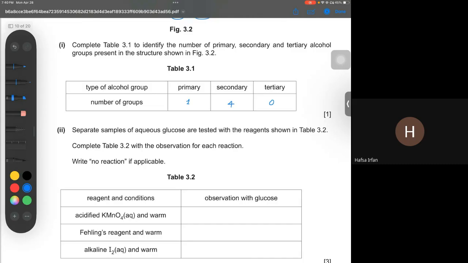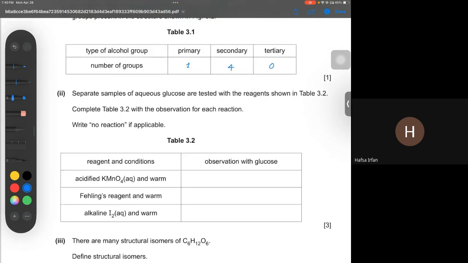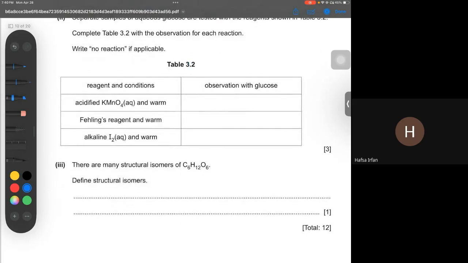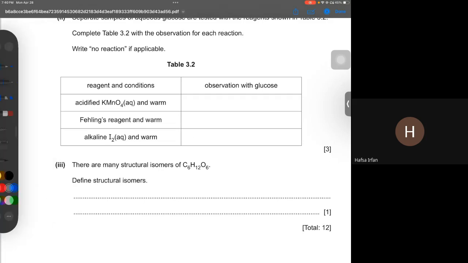Separate samples of aqueous glucose are tested with the reagents shown in table 3.2. Complete the table 3.2. Write no reaction if applicable. Acidified KMnO4 and then warm. So when you add an oxidizing agent, that is KMnO4, to glucose, it can oxidize this glucose into carbon dioxide and water.